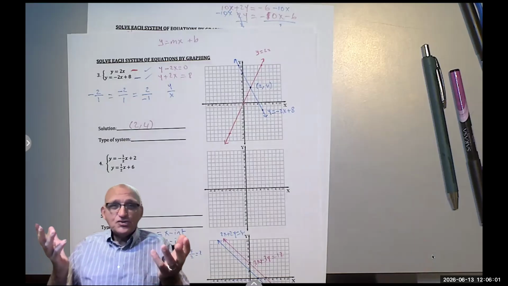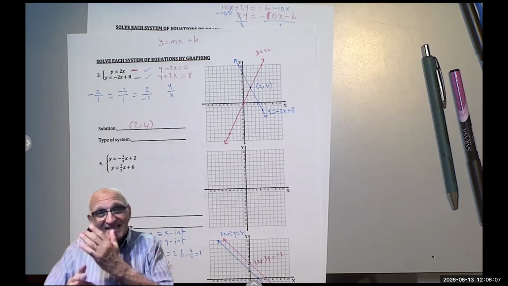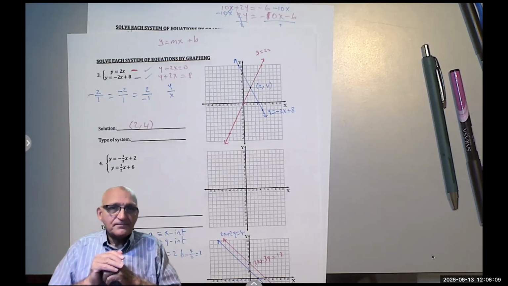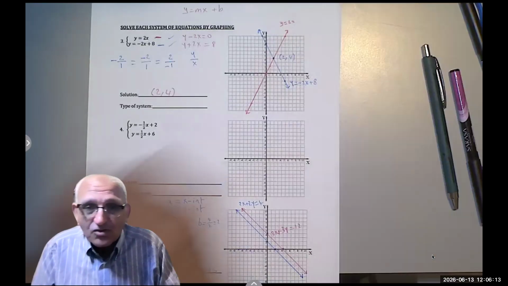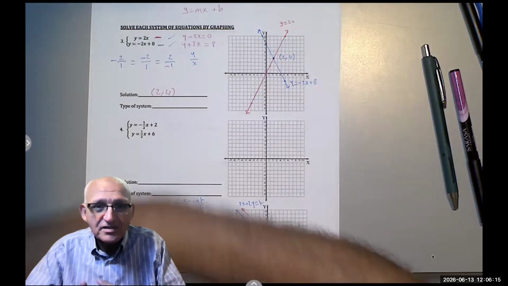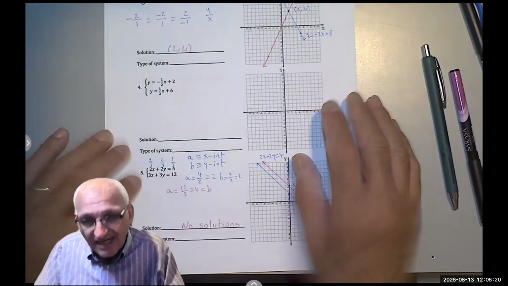So you have really two ways of graphing a system of linear equations. The point of intersection is called the solution. If they don't intersect, there is no solution. If they coincide, there are infinitely many solutions. I hope that clarified this.